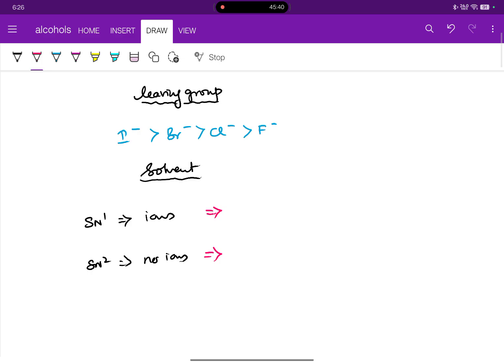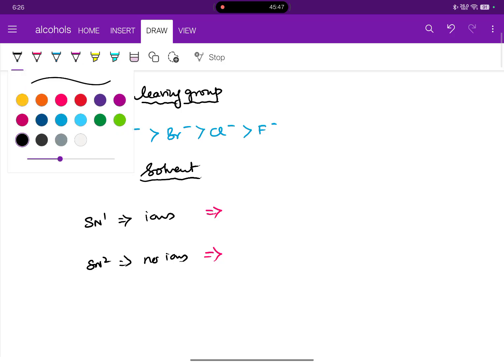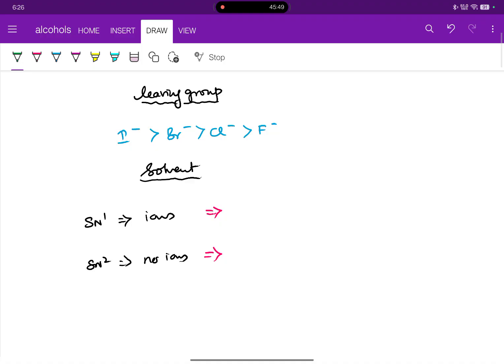So what is this string that is attached? The charge. Charge is the important factor. In SN1 ions are generated, so you need a more polar solvent. Since there are no ions in SN2, you require a less polar solvent.